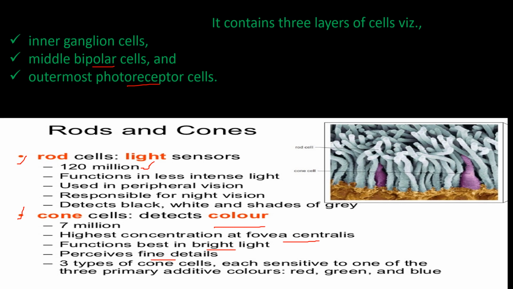There are three types of cone cells, each sensitive to one of the three primary additive colors, that is red, green as well as blue. That is erythropsin, the red, chloropsin, green, and cyanopsin, the blue. These are the three types of sensitive cones present in the eye, and they help in distinguishing all the different types of colors.